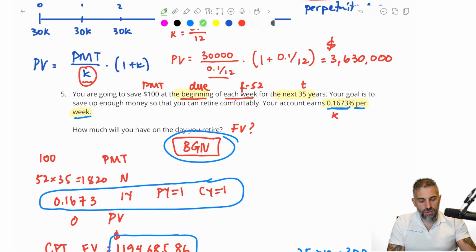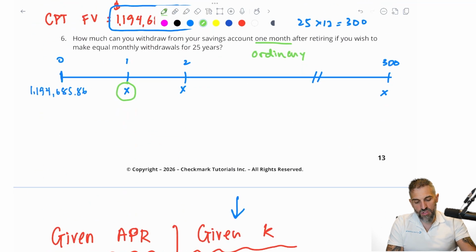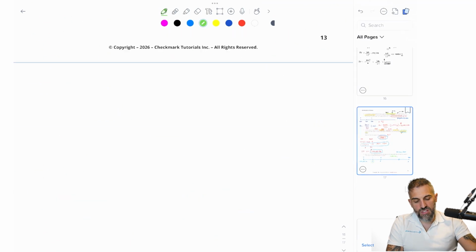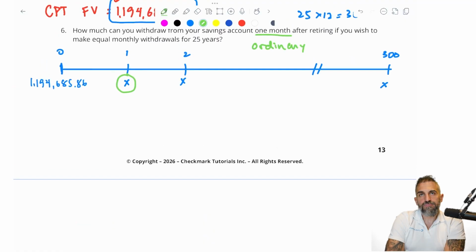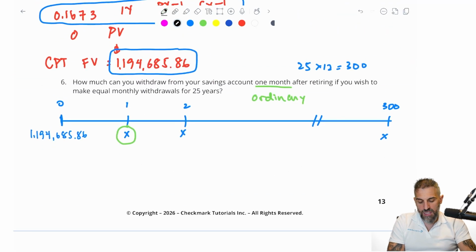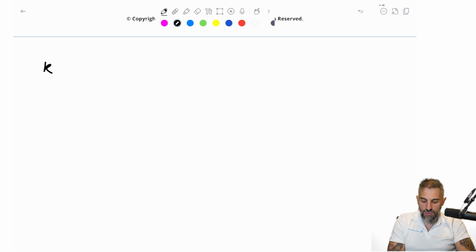Your account is still earning this per week, but your withdrawals are monthly. And this is another thing that happens a lot with retirement questions, is that the frequency of your savings, like while you were working and saving, doesn't necessarily match the frequency of your withdrawals when you retire. So what happens here is you have a weekly rate. You have a K weekly, but you actually have to convert that to a monthly rate.